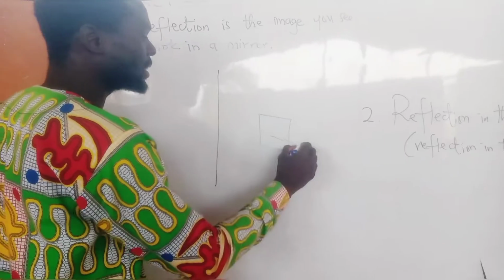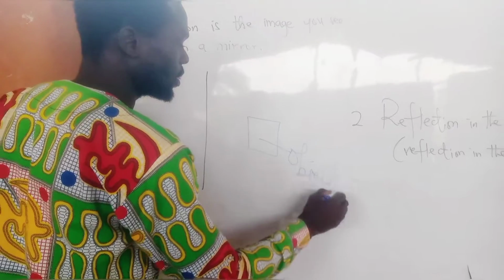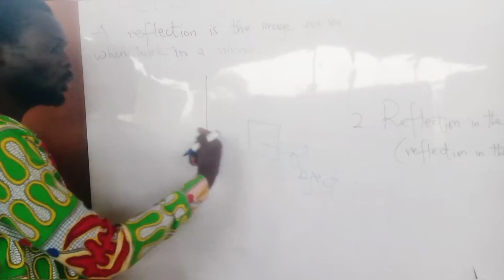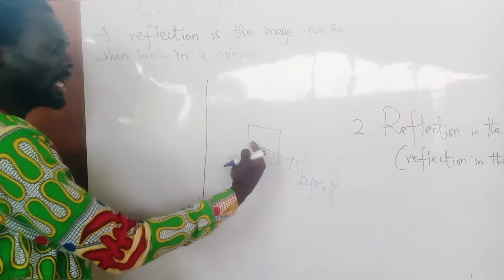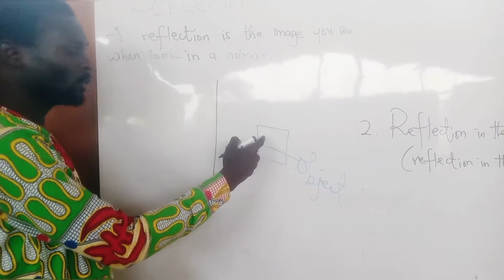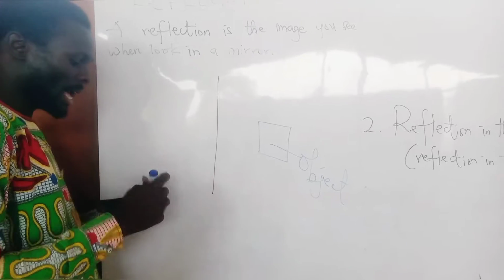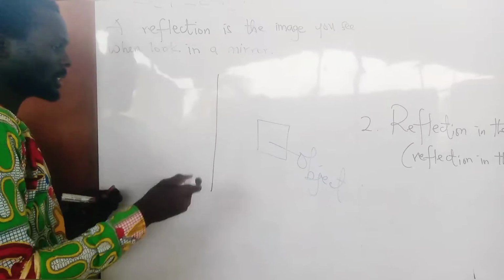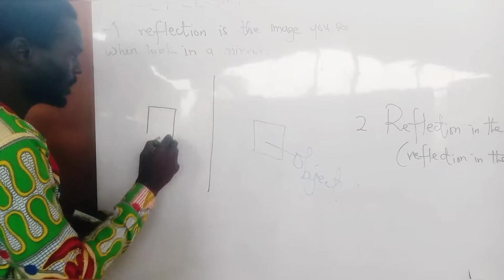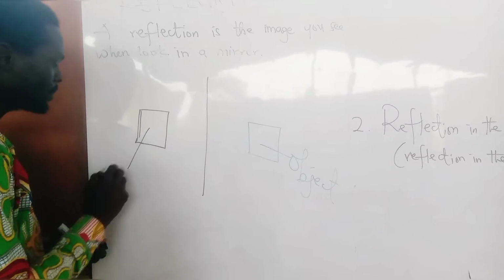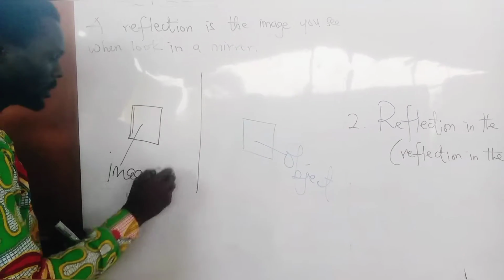Now you notice that this being the object, since it is looking in a mirror, the image will be opposite the object. So we are going to get the image somewhere here. Let's say here. And this becomes the image.